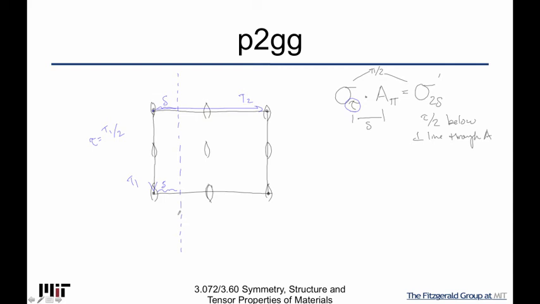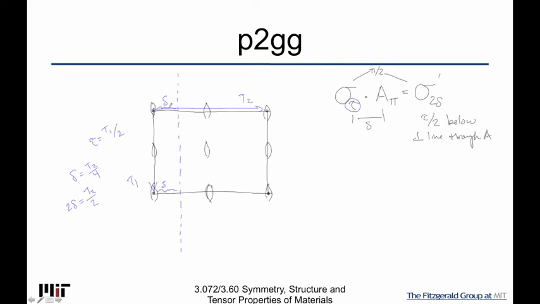Now delta equals t2 over 4. So in the new glide plane, tau is going to equal 2 delta, which is t2 over 2.